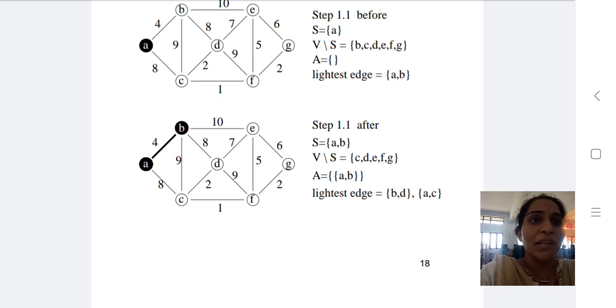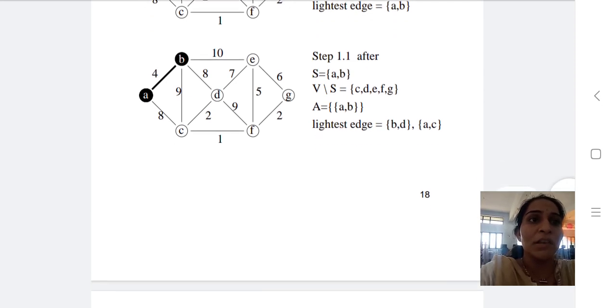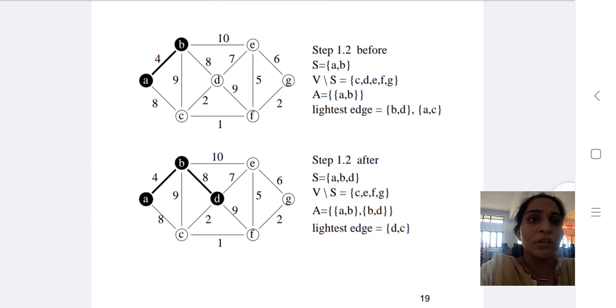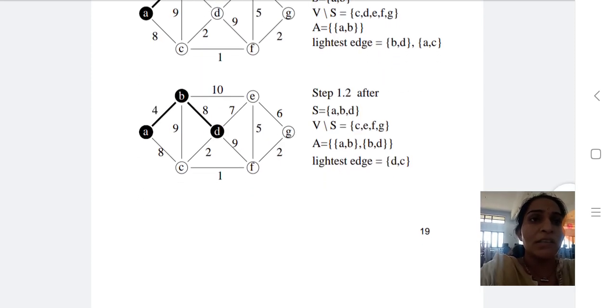Now the lightest edge among BD and AC. Both edges are similar. In that case, the lightest edge we are considering is BD. Now BD will be added into A and the next lightest edge is BC, since its weight is 2.